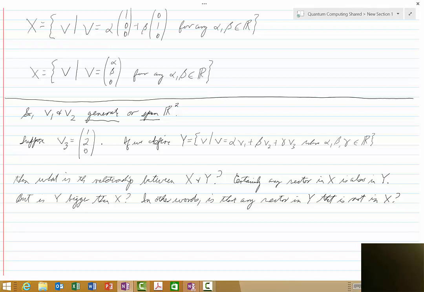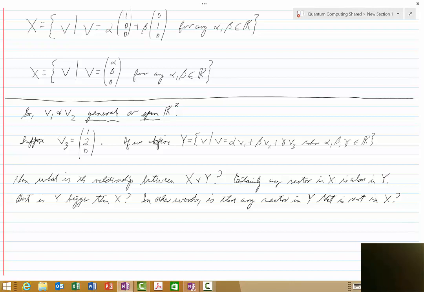Now, for those of you who've had a little bit of linear algebra, you probably recognize that right now I'm beginning a discussion of an idea called linear independence. We should be familiar with this idea in this course. But if you're losing me a little bit, don't be too concerned.